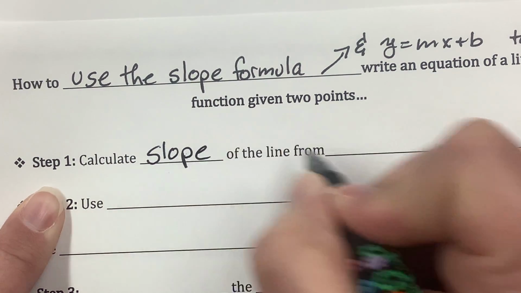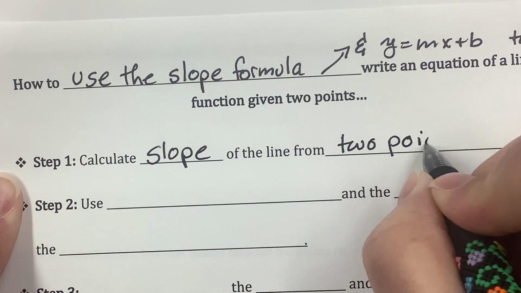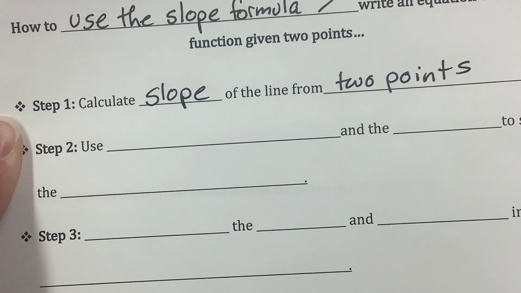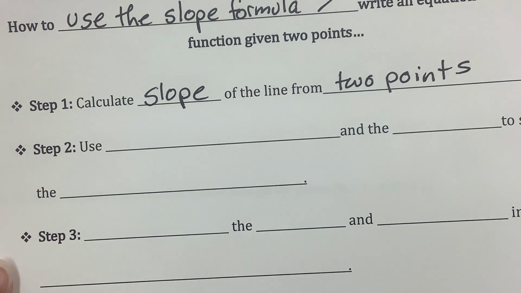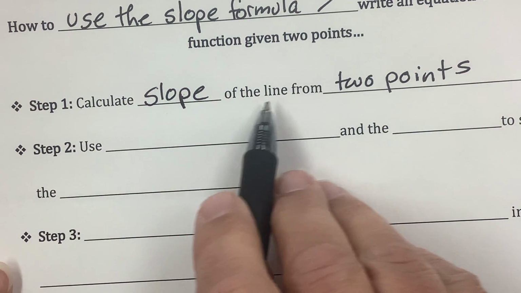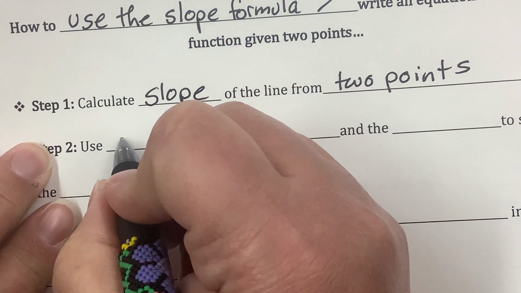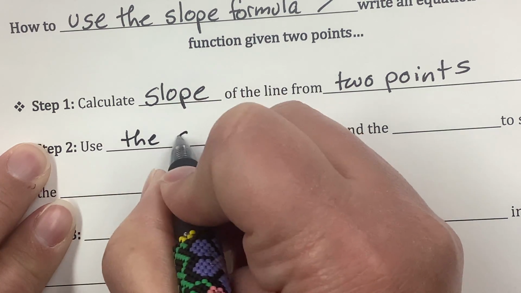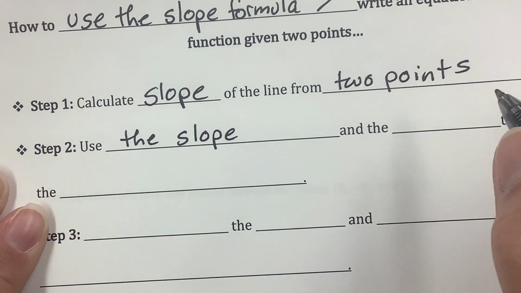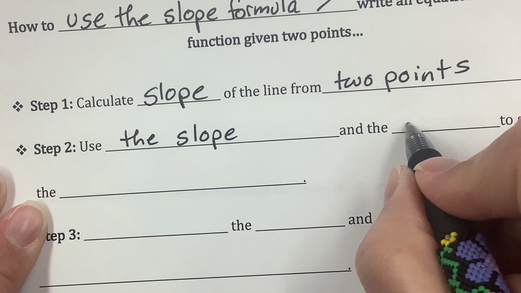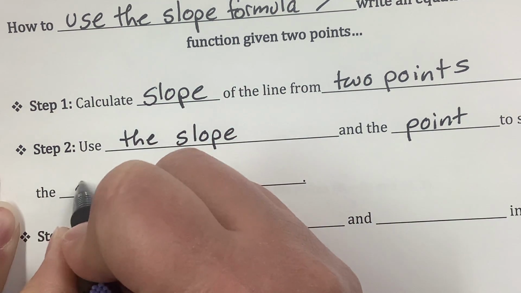So we're going to find the slope of the line from 2 points. Use the slope formula. Step 2: use the slope and the point to solve for the y-intercept.